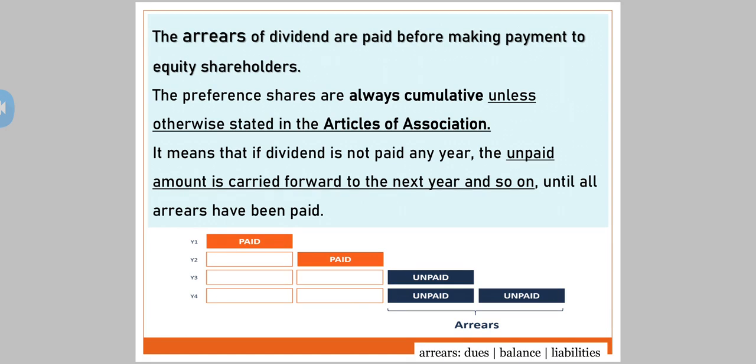If nothing is mentioned in the articles of association, that means those shares are cumulative preference shares. It means that if dividend is not paid in any year, the unpaid amount is carried forward to the next year and so on until all the arrears have been paid.